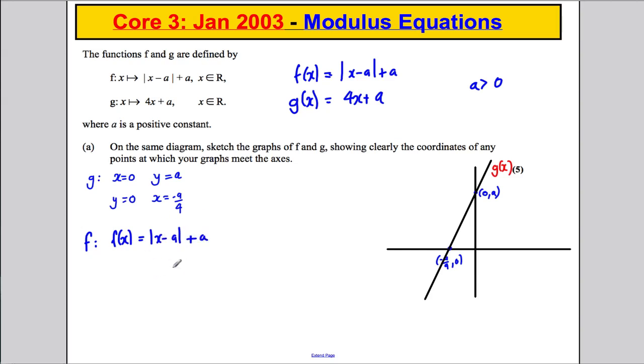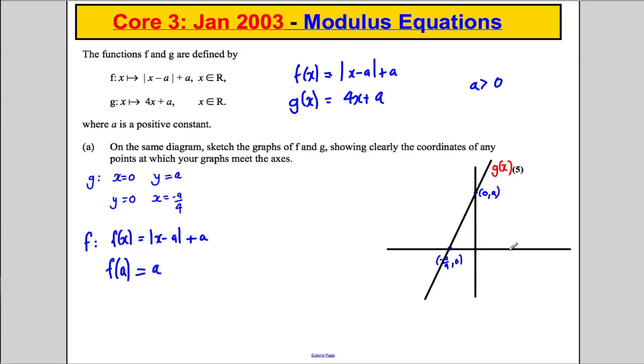Okay, so if I was thinking to draw this, what I might do is substitute some values in. So what I might do is work out f of a. I might put a in there and I would get a back. So I know it goes through the point a, a.